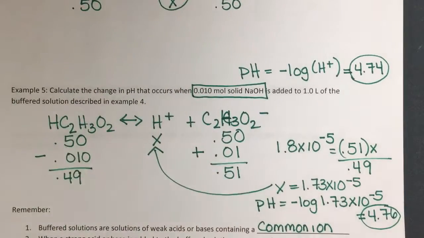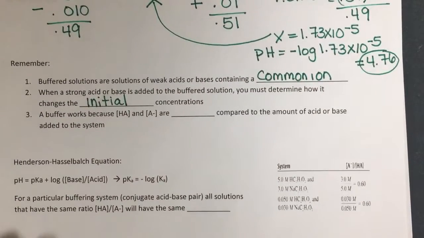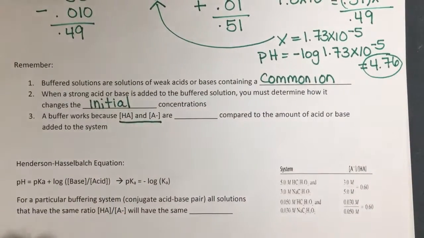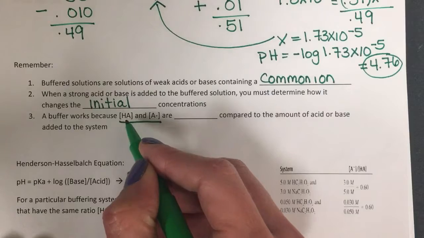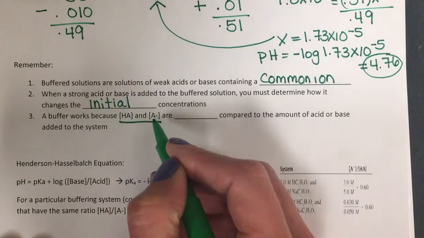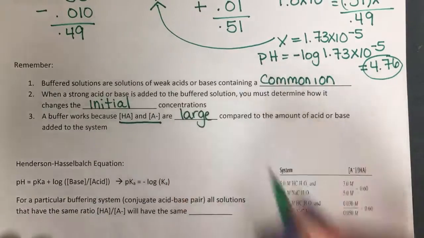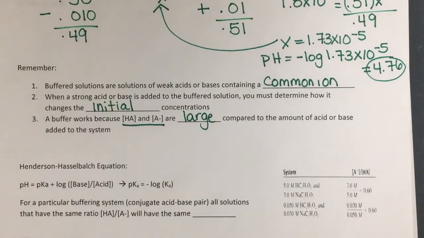That's what we did here. And it only works because the concentration of my initial weak acid or weak base and its common ion are going to be very large compared to the amount of acid I'm adding or the amount of base I'm adding. Okay?